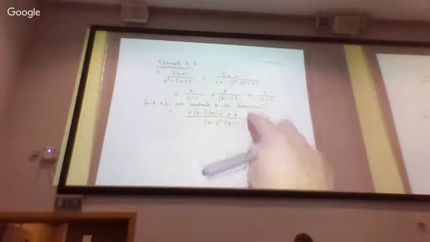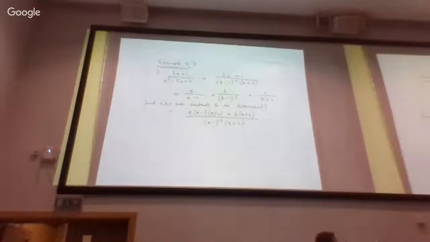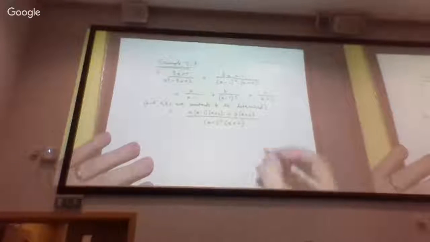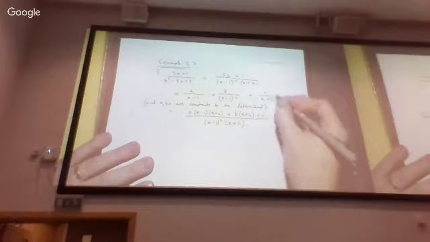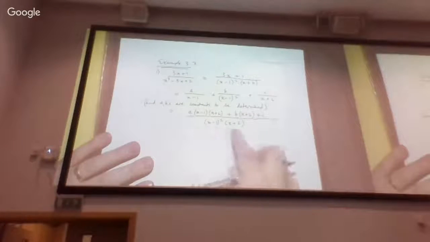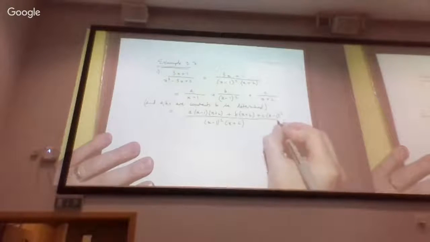But b is over x minus 1 all squared, so you have to multiply that by x plus 2, so that it is still b over x minus 1 all squared. And lastly, we add on c. And c is over x plus 2, so if you're putting that over this common denominator, you have to multiply it by x minus 1 all squared.